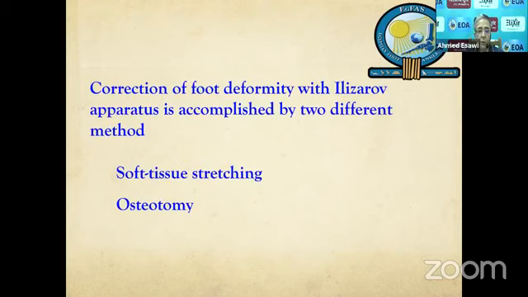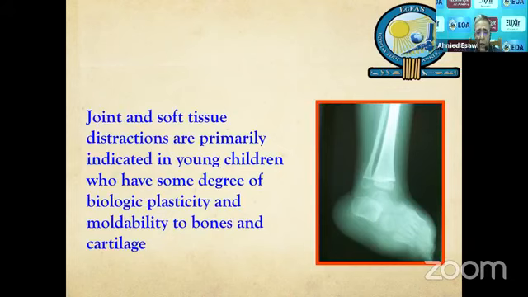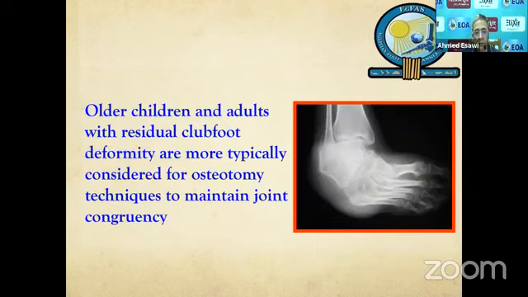We also have two techniques for foot deformity. The first is soft tissue stretching, and the second is bone osteotomy. Soft tissue stretching is suitable for children, as there is some degree of biological plasticity and moldability of the bones and cartilage, while in adults or older children, bone osteotomy is usually suitable.